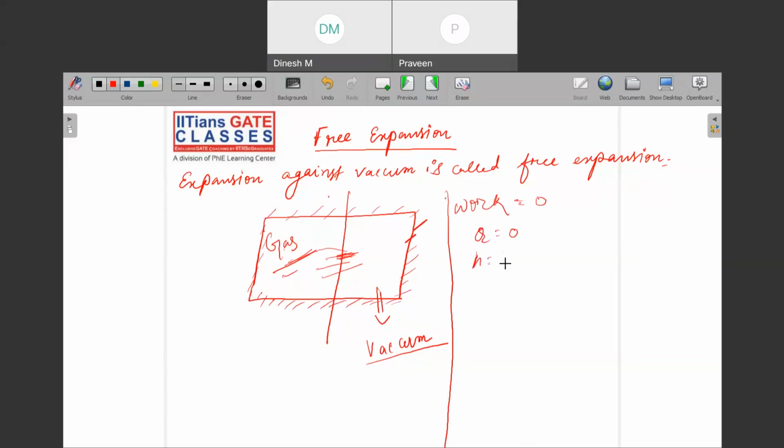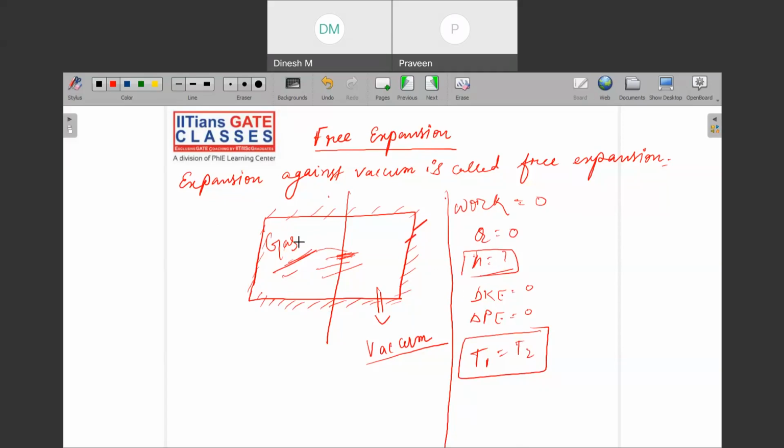Heat and work are directly 0. Delta KE is 0. Delta PE is 0. Then you will find that the temperature is the same initially and finally. Why? Because your energy will remain constant. Everything is constant, there is no flow energy, there will be internal energy only, right? Because there is no flow from outside.